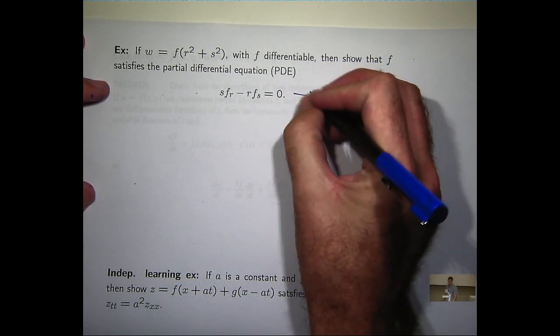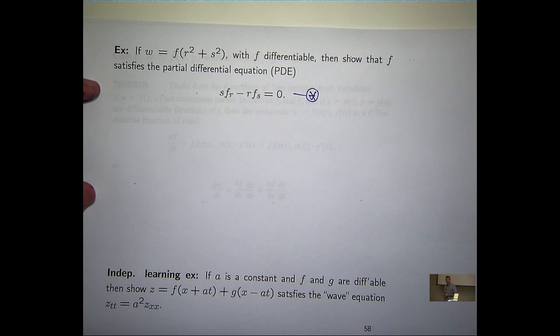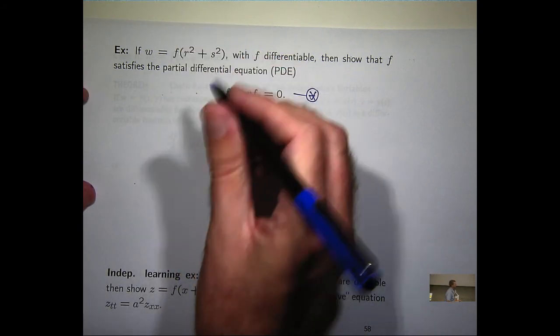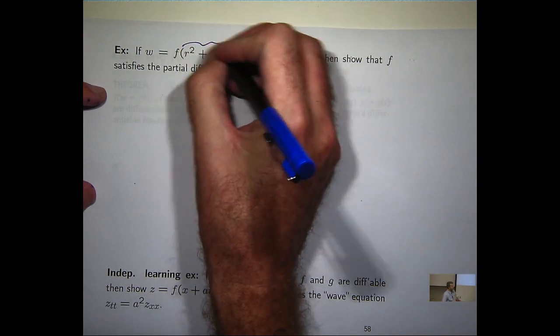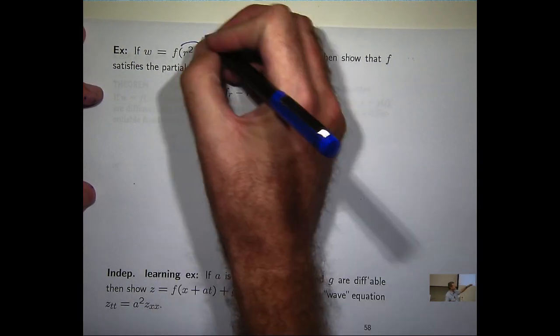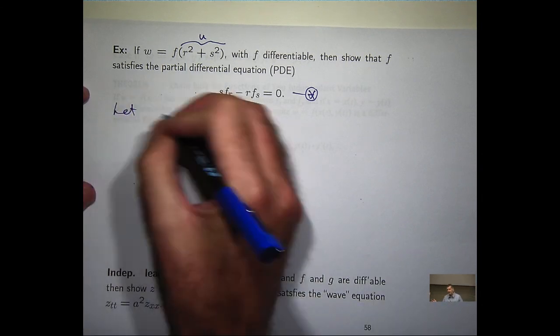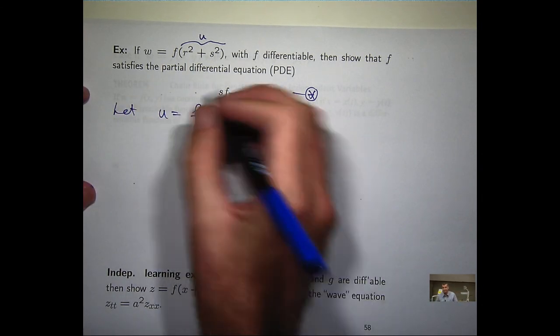So, first of all, I'm going to let this be something, I could let it be x, I'm just going to let it be u in this case, okay? So let u, sorry.